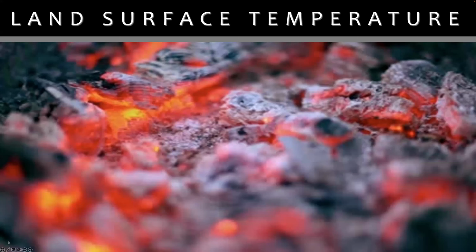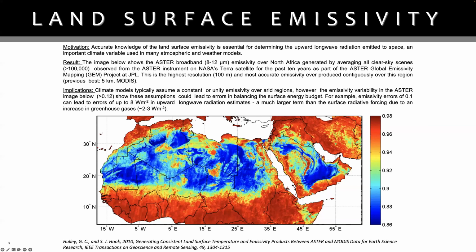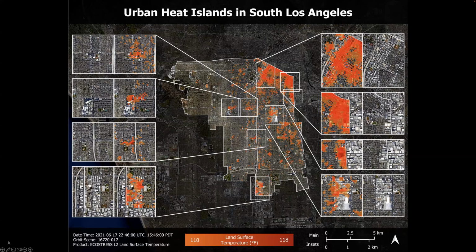It has heritage from a number of missions using surface temperature: ASTER, MODIS, Landsat, and so on. And so we get surface temperature and emissivity. That will allow you to pick up interesting temperature dynamics like urban heat and fire.